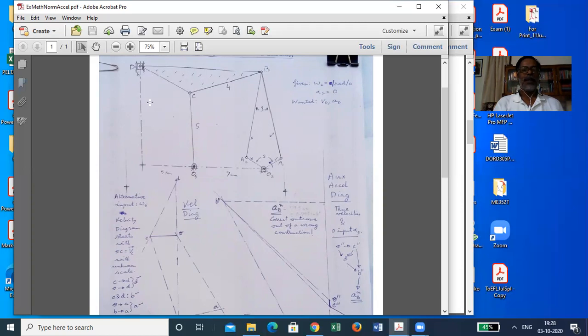But then, this being a 4-bar loop, you actually know in which direction the velocity of D will really be. That will be in vertical direction. So from the velocity pole in the vertical direction, you draw another line. And wherever these two lines cut, that will give you the velocity image of D.